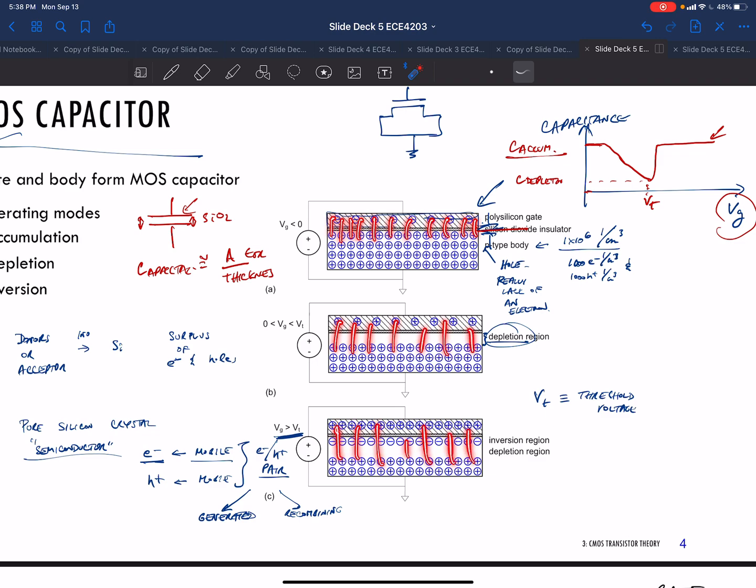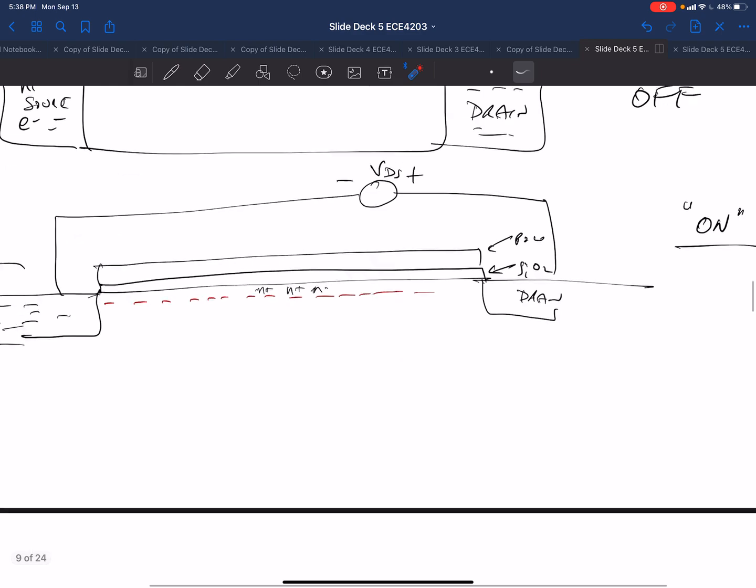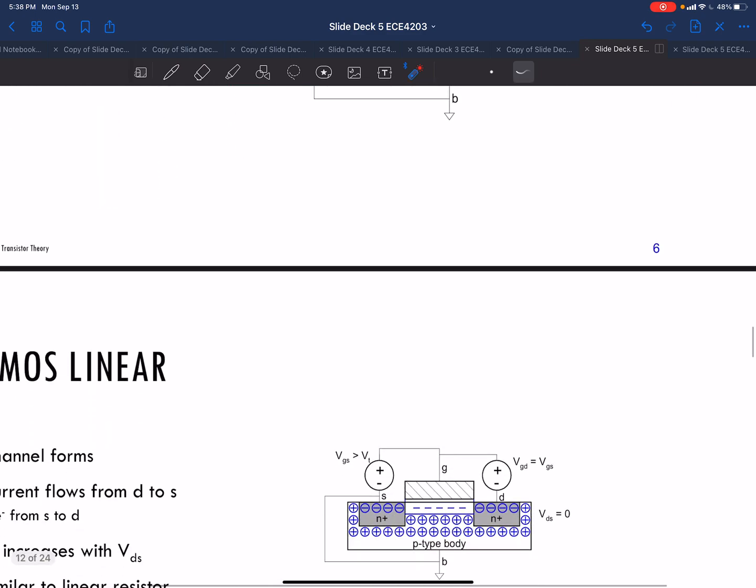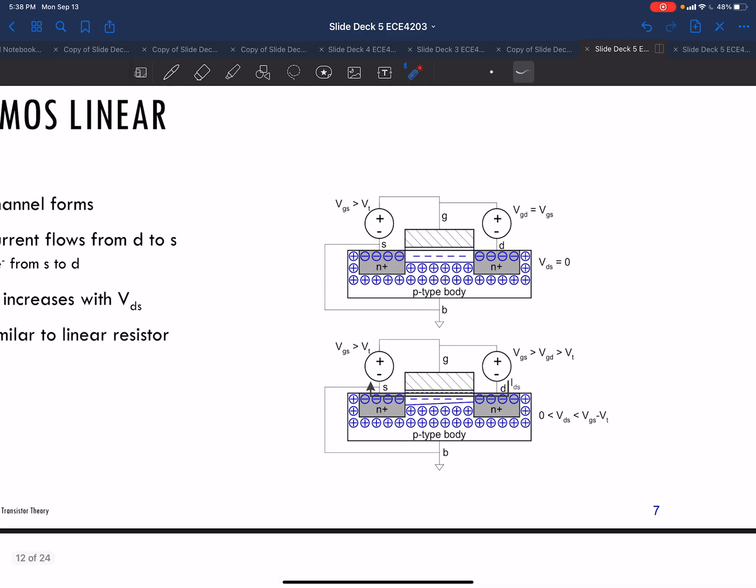But now because we have a source and a drain, depending on the voltage of the source and the voltage of the drain, the potential along this channel could be different. For example, here, this potential is exactly at gate to source potential, because it's almost at the source voltage.